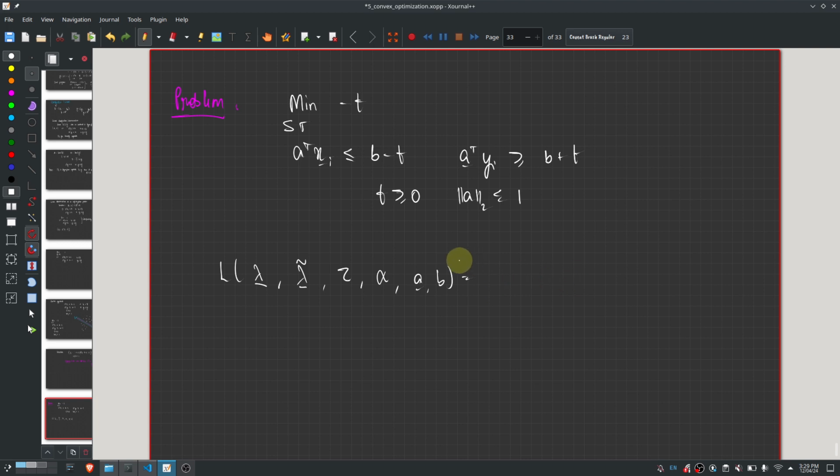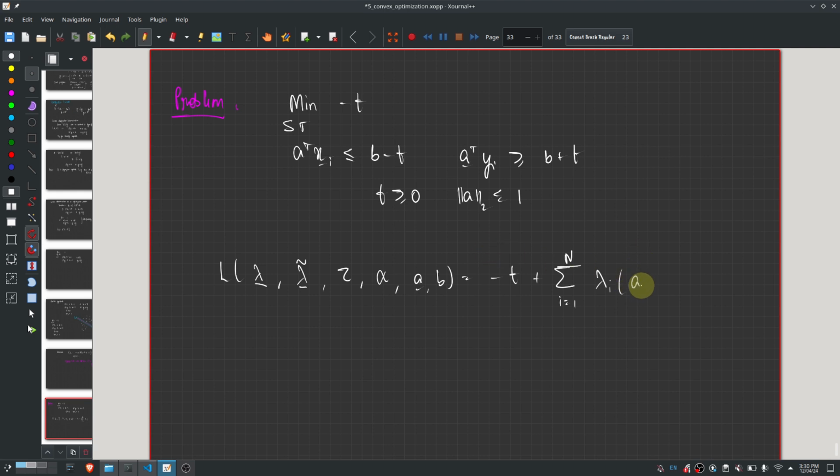What is this equal to? It's equal to f0 of x, which is minus t, plus summation i equal to 1 to capital N, one for each of these constraints, lambda_i times, what should it be?